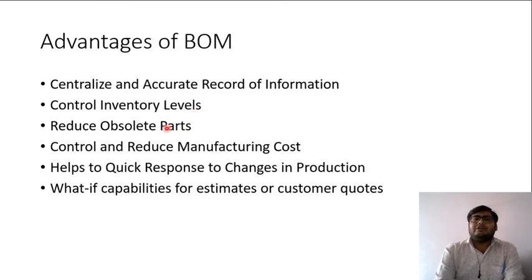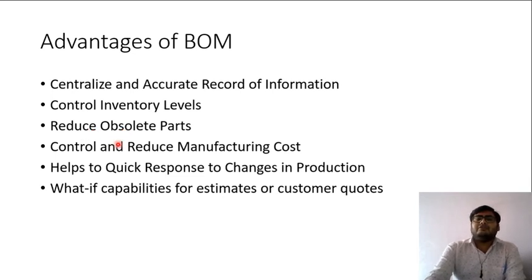Then it will also help in reducing obsolete parts. The parts which are not currently used or which are outdated can be reduced and easily controlled with the help of the bill of material, because we are reducing excessive inventories. So we are reducing the risk of parts becoming obsolete.